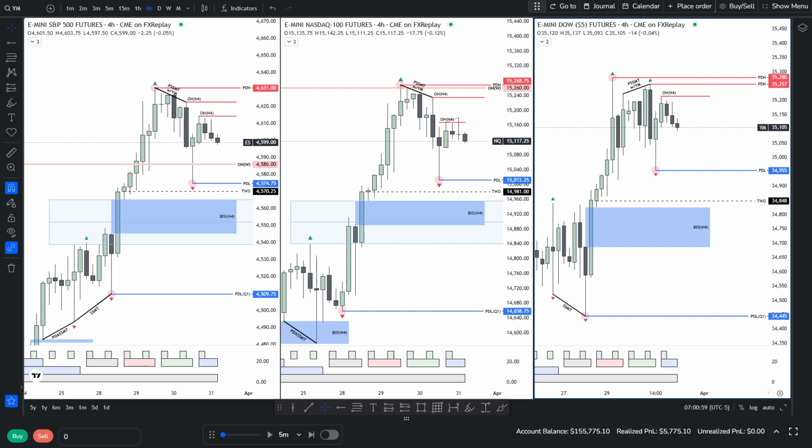It just means that the market could be quite strong. Therefore, this could indicate strength.